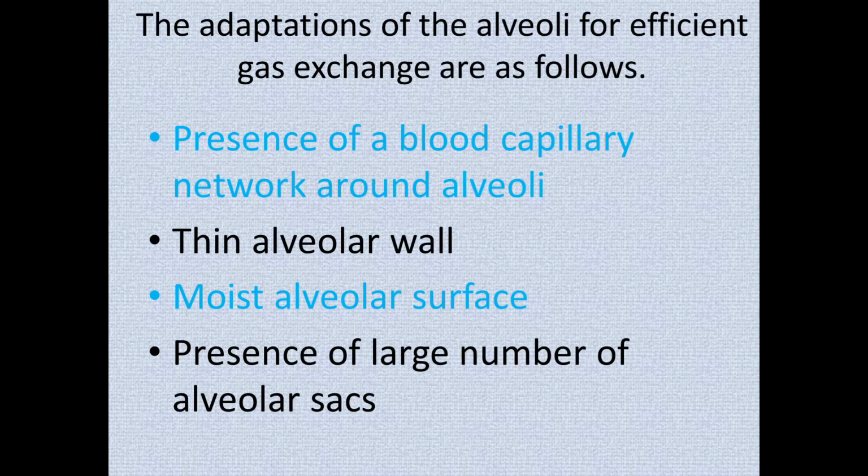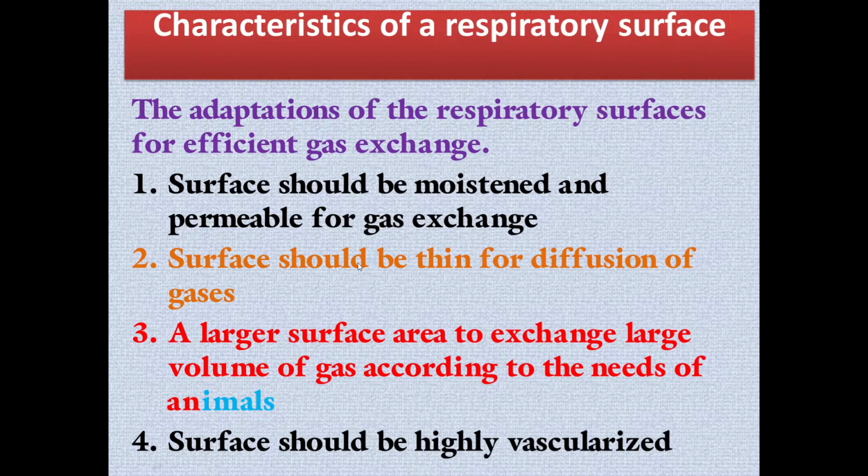The alveoli wall is moist in order to dissolve the gases. The gases do not pass into the blood as undissolved gas; they are dissolved in the moist surface. And there is a large number of alveoli sacs. Human alveoli have these four adaptations, in accordance with the adaptations that should be present in any respiratory surface.